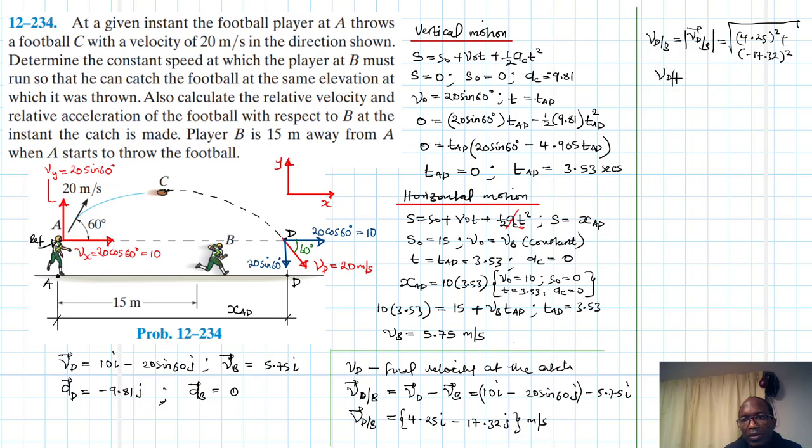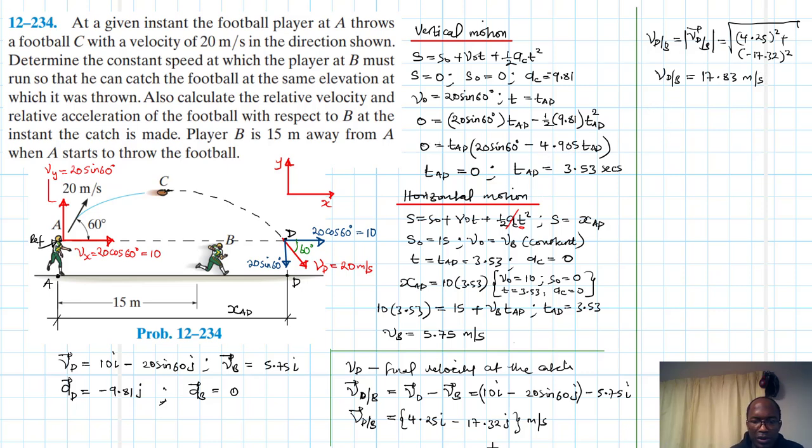Then v_D with respect to B is therefore just equal to the square root of 4.25 squared plus 17.32 squared. Square root of that, we get 17.83 meters per second.